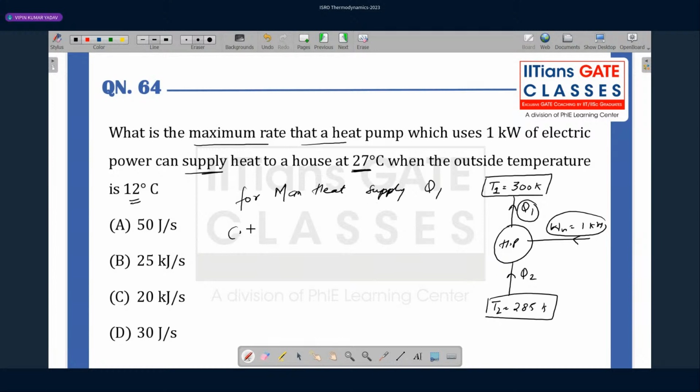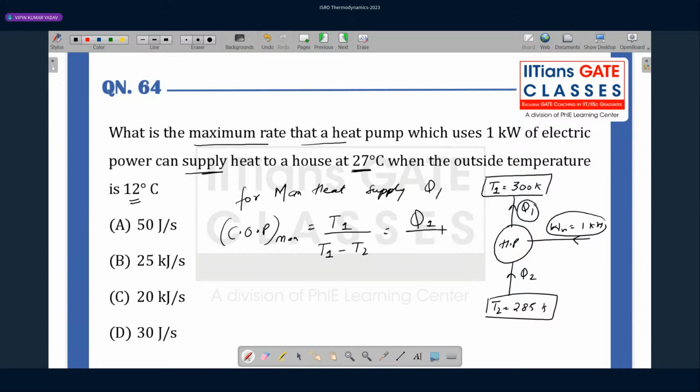So maximum means what? For maximum heat supply, you have COP of Carnot, or maximum, equal to T1 upon T1 minus T2. And it is also equal to the desired output. What is the desired output?